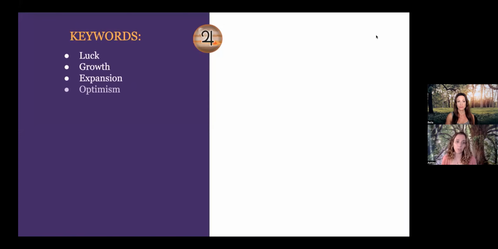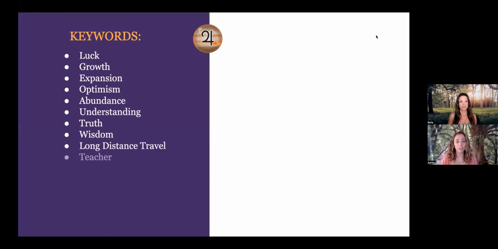The keywords for Jupiter are luck, growth, expansion, optimism, abundance, understanding, truth, wisdom, long distance travel, teacher, visionary, guide, justice, philosophy, and believer. Another tidbit about Jupiter is that it also corresponds to the zodiac sign Sagittarius.